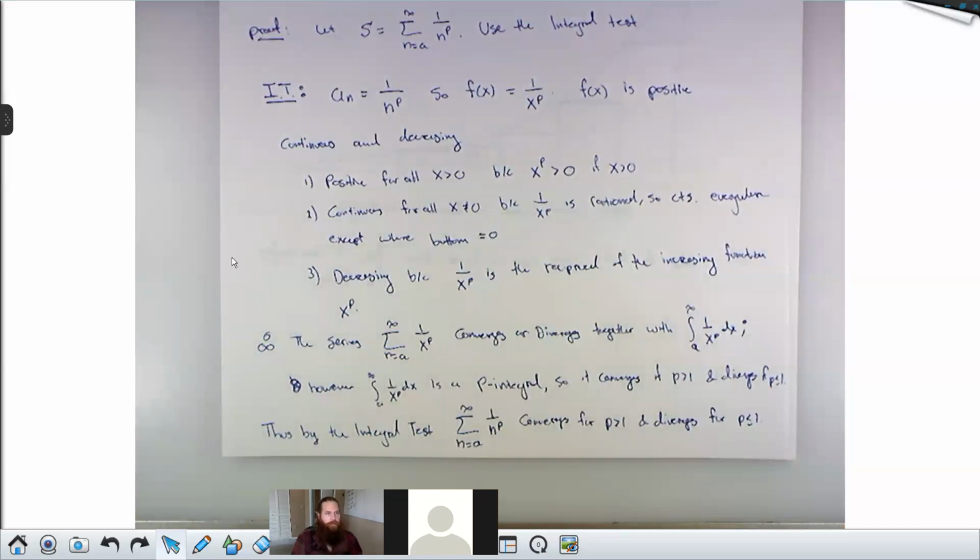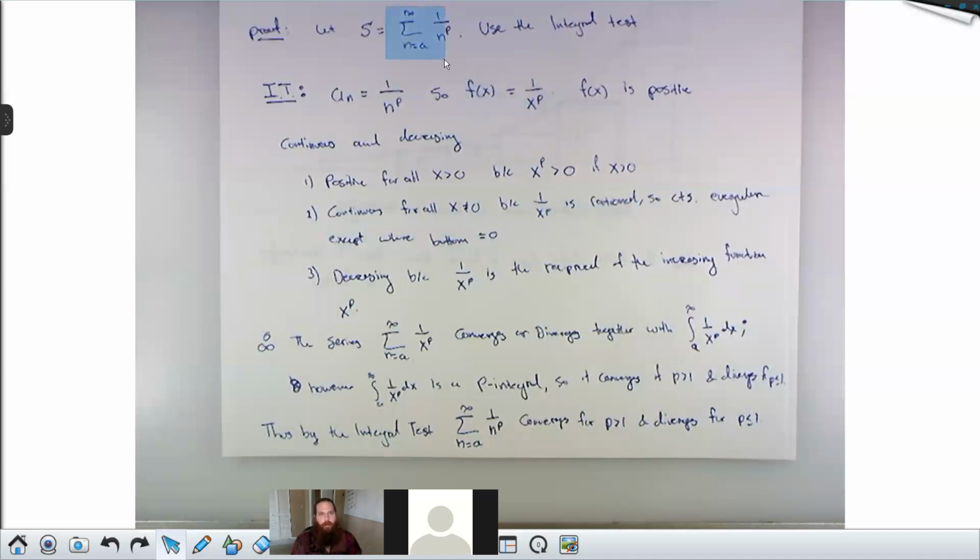Yeah, Morgan, that's what it says for 2. Yeah, that's correct. So 2 says continuous for all x not equal to 0 because 1 over x to the p is a rational function, and rational functions are continuous everywhere except where the bottom is 0. So in other words, this function is discontinuous only at x equals 0. But I'm not interested in x equals 0.